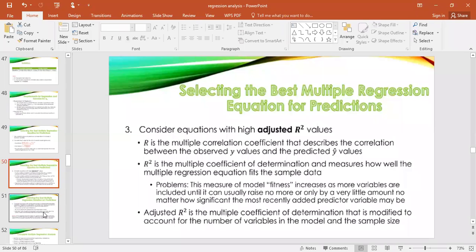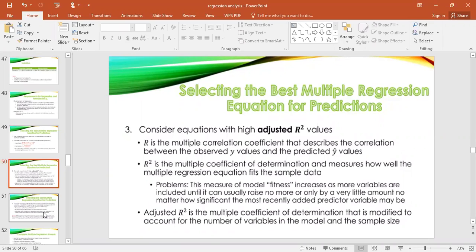Selecting the best multiple regression equation for prediction. Consider equations with high adjusted R-square value. R is the multiple correlation coefficient that describes the correlation between the observed y values and the predicted y hat values. R squared is the multiple coefficient of determination and measures how well the multiple regression equation fits the sample data.